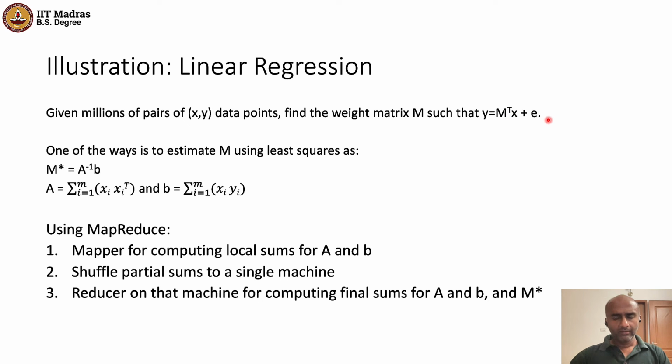And I want to estimate what should the values be for these two variables based on the input data that I'm getting. So the way to actually think about this is there is a weight matrix, which is M transpose, which gets multiplied by X, and then there is a small error constant which is added to it, which results in Y. So if I find an M that maximizes the extent of match between what I'm computing as M transpose X compared to the actual values of Y, that is the final answer that I need, right?